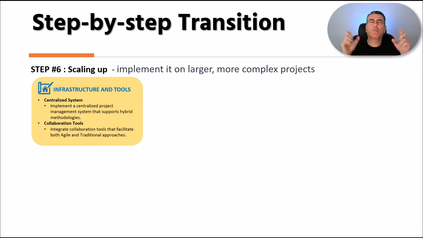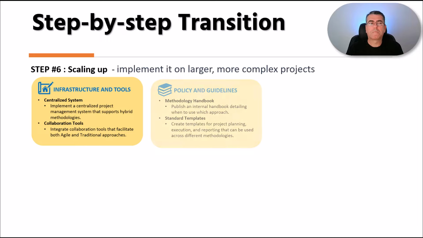It's important that you start creating a PMO or excellence center for adopting hybrid methodologies. You're going to need to work on collaborative tools to integrate and facilitate communication with both the traditional and agile approaches.